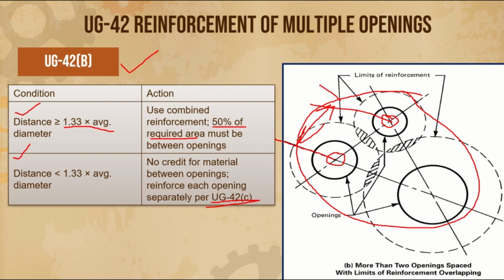Then we need to consider this as a single opening, and then apply the rules for single openings as per UG-37 or UG-40, whatever it may be. So this is what UG-42(c) says, guys. If you follow these two points, this will ensure that the material between them contributes meaningfully to the overall strength. So this is all about UG-42(b).